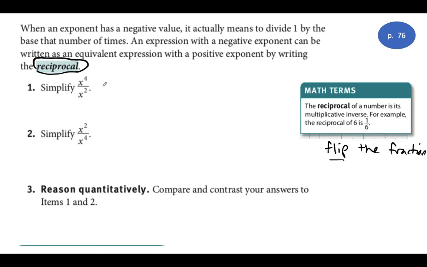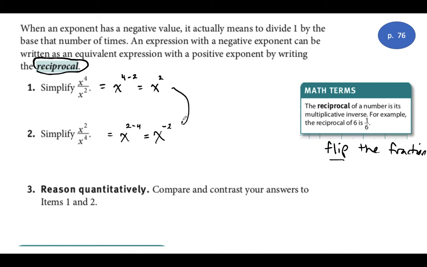Okay, so for this one we have x to the fourth divided by x squared. My rules say subtract the exponents, and I get x to the second power, right? Here I have x squared divided by x to the fourth, and the rules say subtract the exponents, always exponent of the numerator minus exponent of the denominator, and I get x to the negative 2 power.